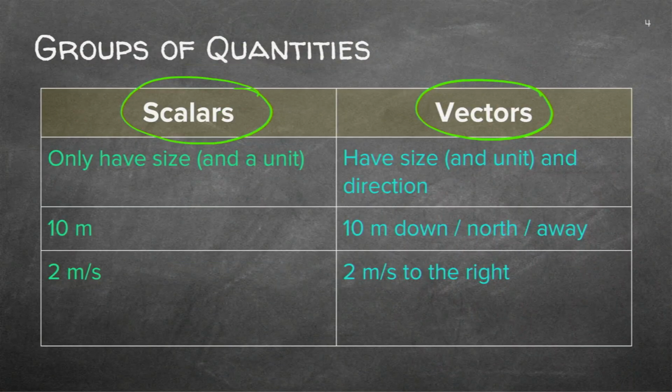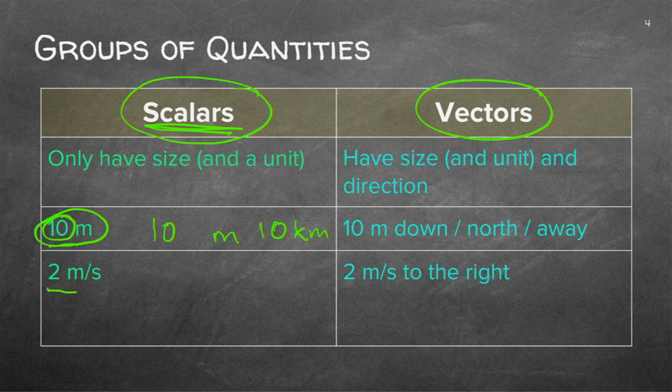If I say to you it's 10 meters, I did not tell you it's 10 meters to the right, to the left, up or down. So if it's only quantity or magnitude, it is 10, and then the unit will be meter, or 10 kilometer. It's just a quantity and a unit. All of them will be a scalar.